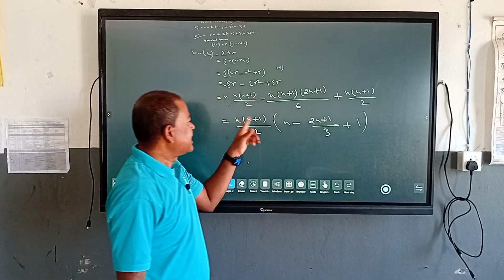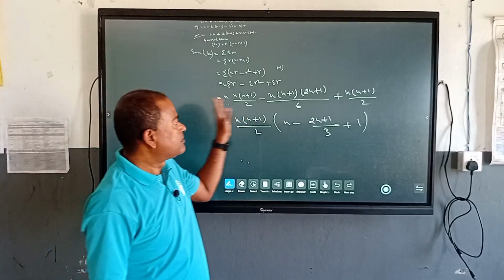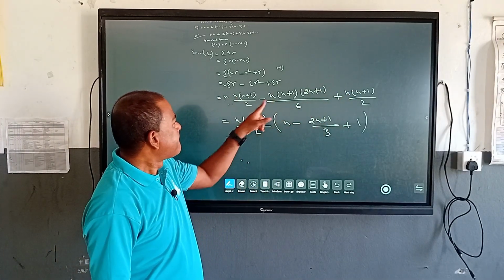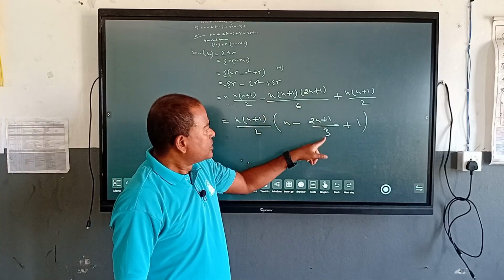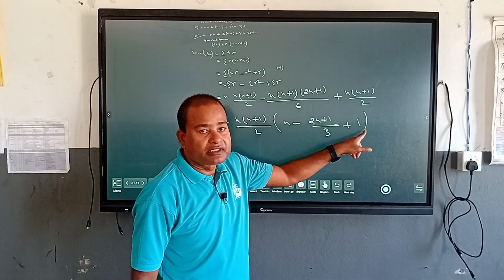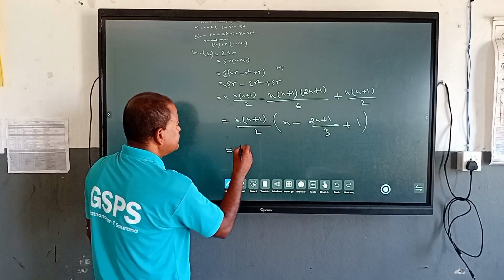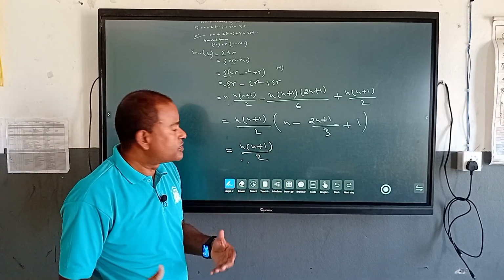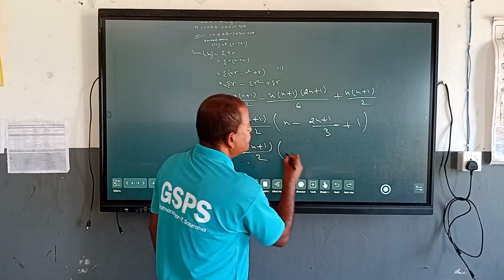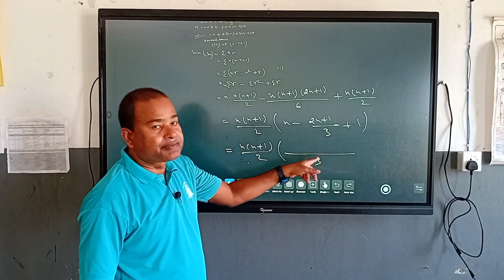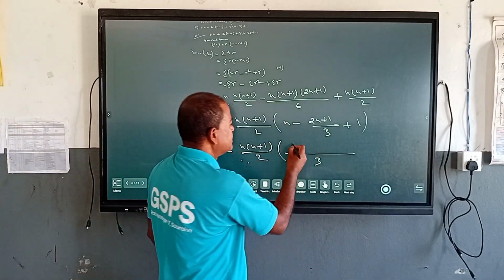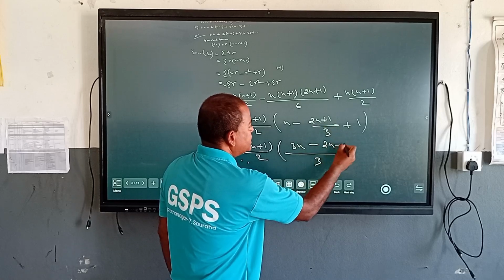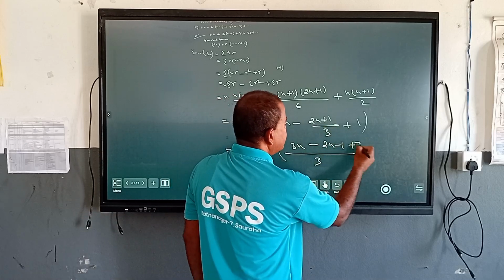So after taking n plus 1 by 2 common from all the 3 terms, the remaining terms will be n, then 2n plus 1 by 3, and here the remaining term will be 1. So dear students, now we are almost in the last step. Now if we take LCM 3, then 3 times n we get 3n, minus 2n minus 1, plus 3 1s are 3.